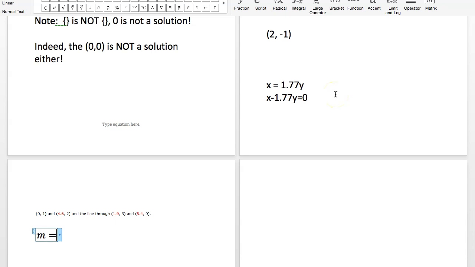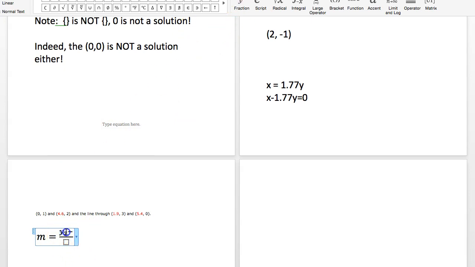M equals, now remember guys, you do y2 minus y1 over x2 minus x1. So you do y2, and where's my subscripts? Well, you got to type it in the sub command. So you do y2 minus y1, and I got to do subscript command.